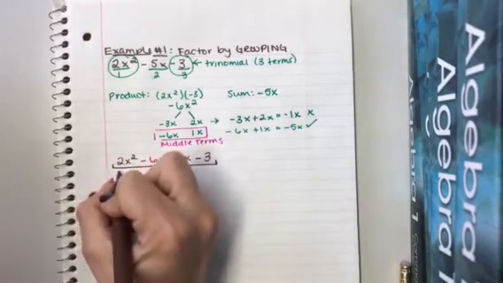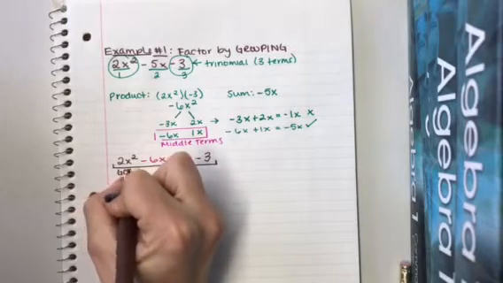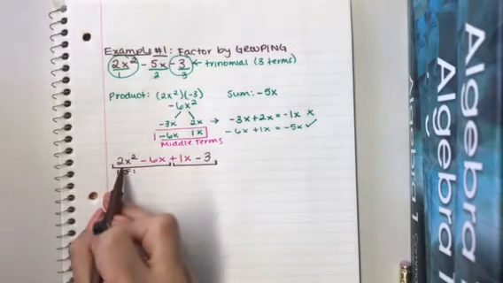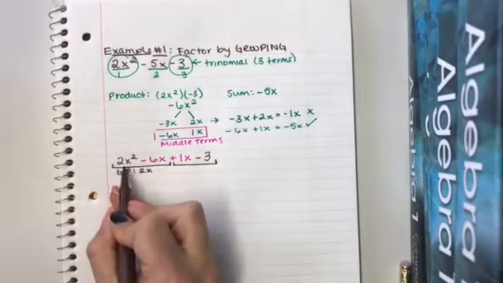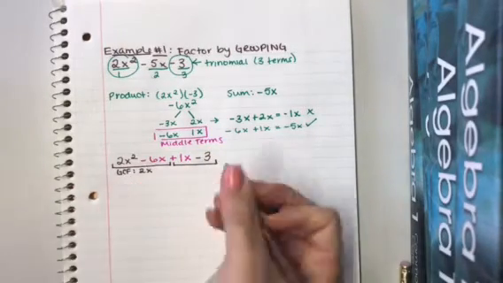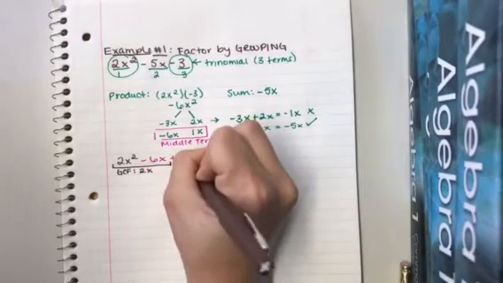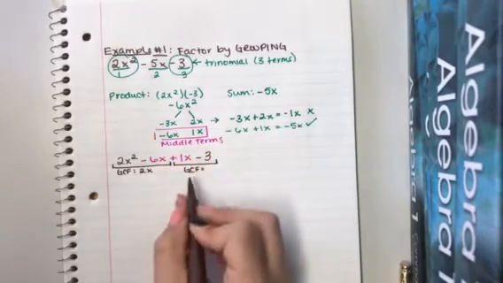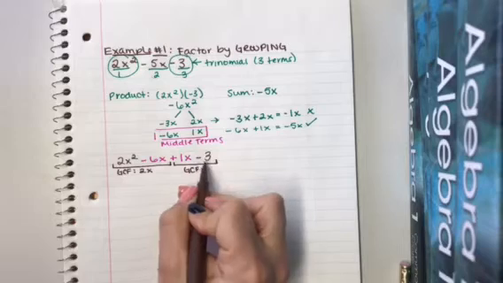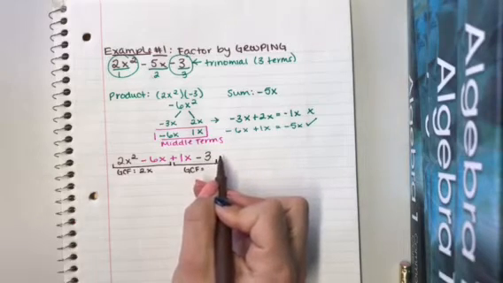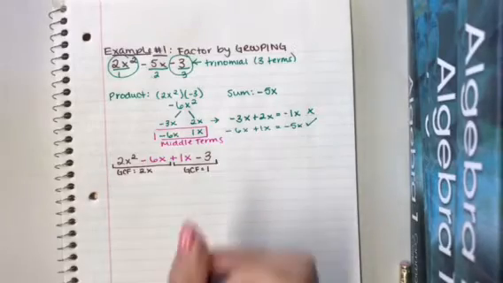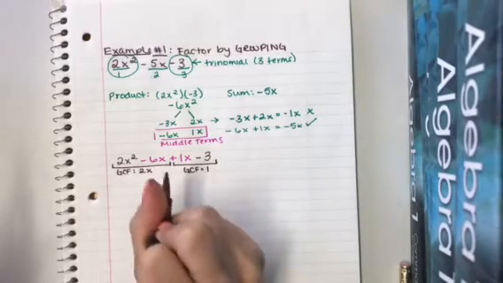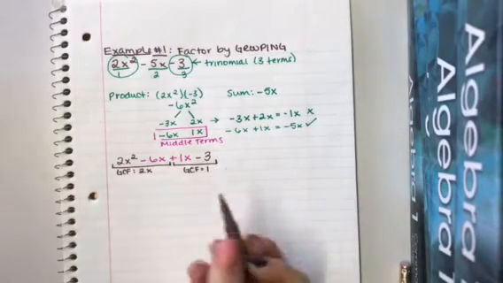For example, if I look here, my greatest common factor is going to be 2x, because both of them are divisible by 2x. And if I look in this example, my GCF is going to be, since 1x has nothing in common with negative 3, we're just going to say that our GCF is 1, okay? Because I can't take anything else out of that expression that matches.